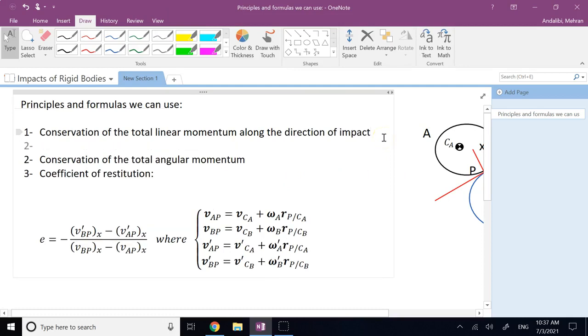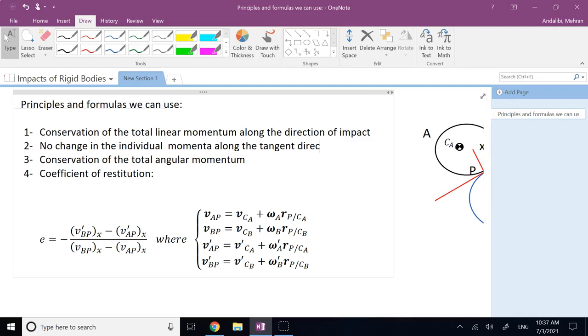Then if we want, we can say no change in the momentum of individual momenta along the tangent direction, correct?